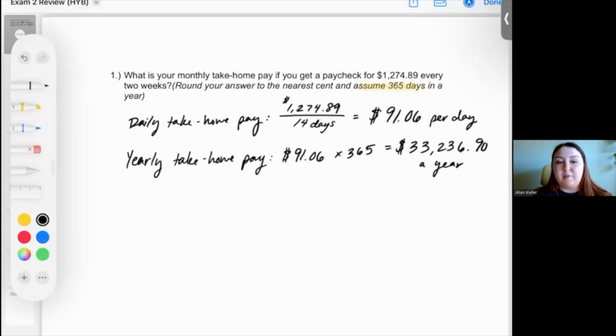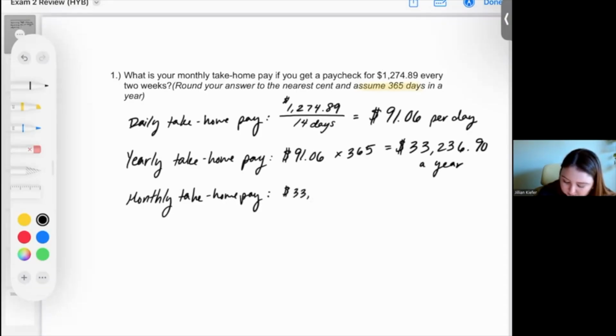Like we said before, when we find our monthly take-home pay, we're finding how much gets divvied up for each month over the course of the year. So to find our monthly take-home pay from our yearly take-home pay, we want to divide by 12. So our monthly take-home pay is we take our yearly $33,236.90, divide by 12 months.